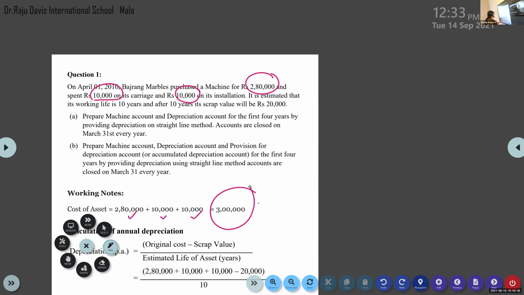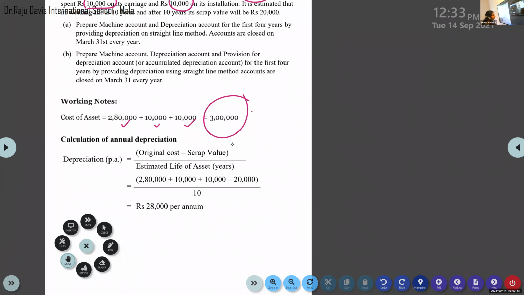Now, next we are going to calculate depreciation. This is the formula to find out depreciation under straight line method: original cost minus scrap value divided by estimated life of asset.